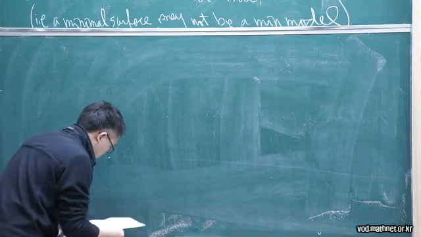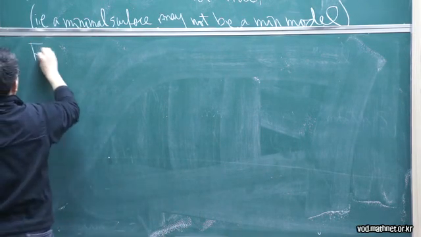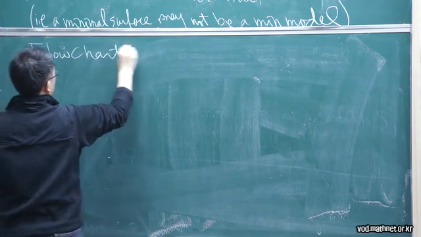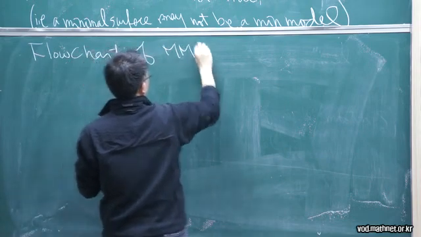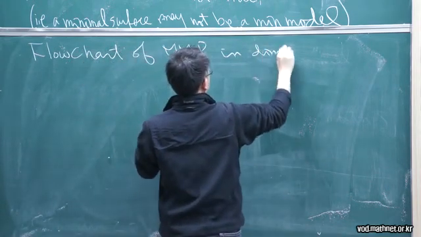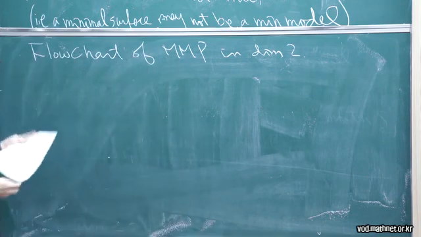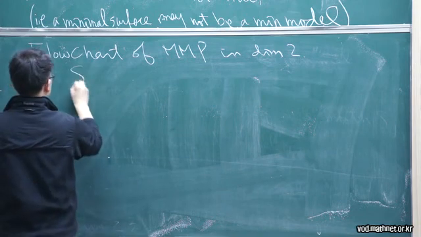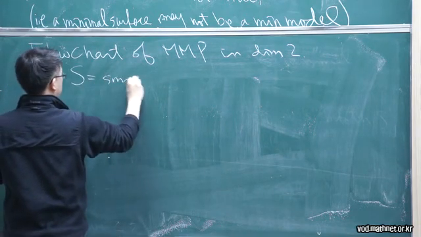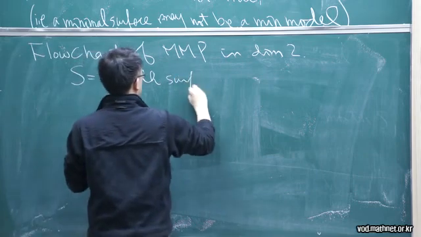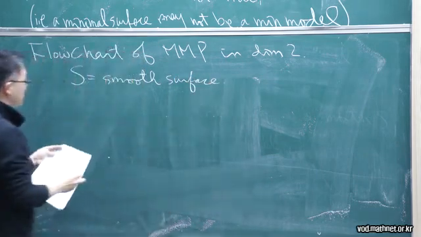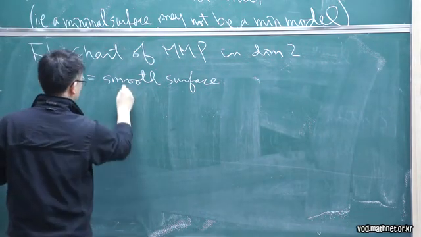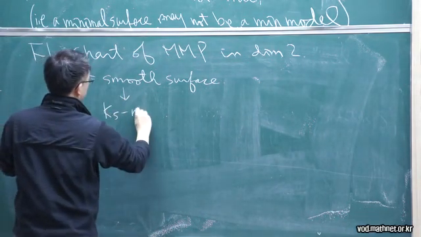Actually, I had the same flow chart of the surface MMP, the MMP in dimension 2, so let's review. Let's say S is a smooth projective surface, and you ask whether K is nef or not.